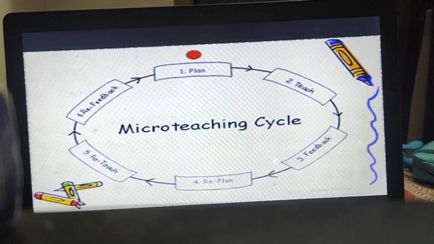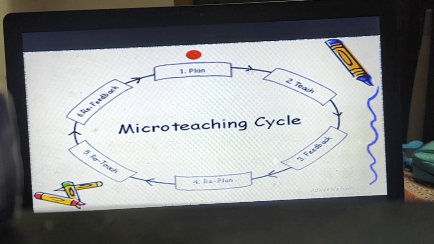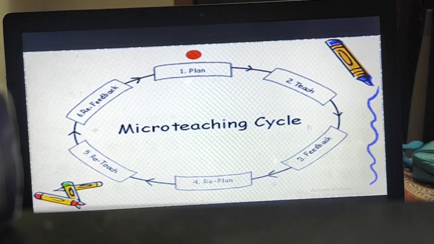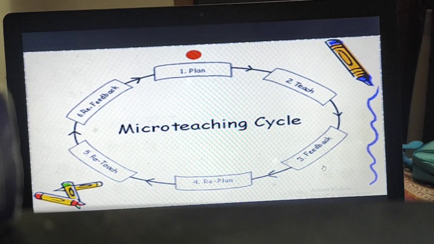Now I have demonstrated for the students just a diagram: plan, teach, feedback, replan, reteach, and re-feedback. These processes continuously go on in a circular way. That's why it is called a micro-teaching cycle. Have you got it? Now, next things.